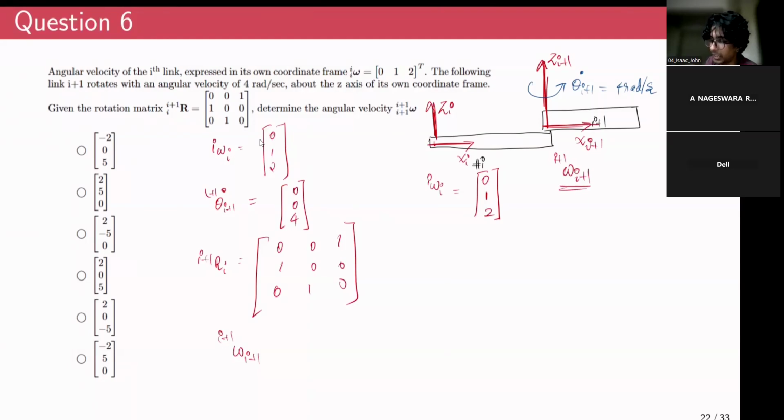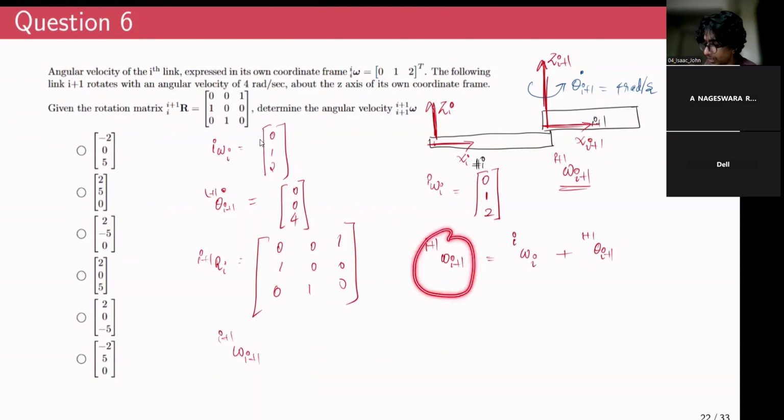So, basically a vector equation would look something like this. Omega I plus 1 would be omega I plus theta I plus 1 dot. We already know theta I plus 1 dot is represented with respect to the I plus 1 frame. Omega I in the question was already given with respect to I. And we want omega I plus 1 to be referred in its own frame of reference, I plus 1.